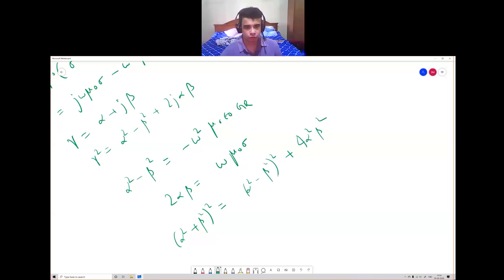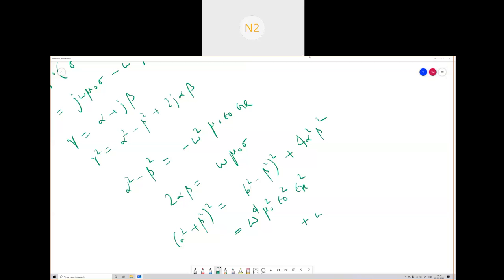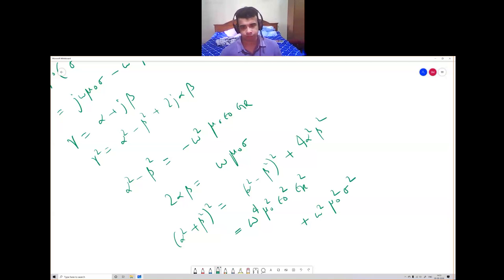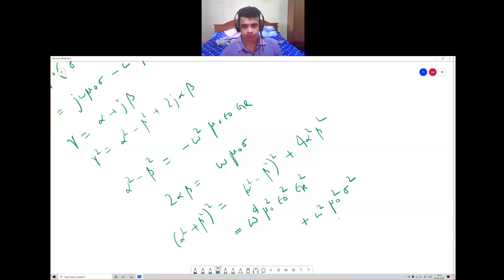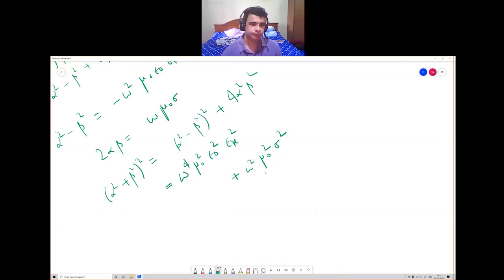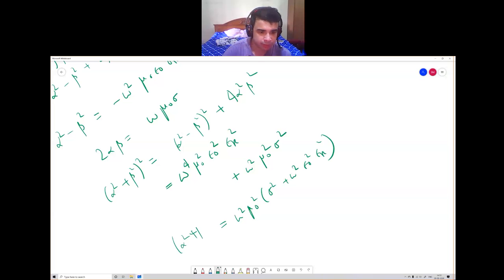So this will be omega to the power of 4 mu naught square epsilon naught square epsilon r square plus omega square mu naught square sigma square.